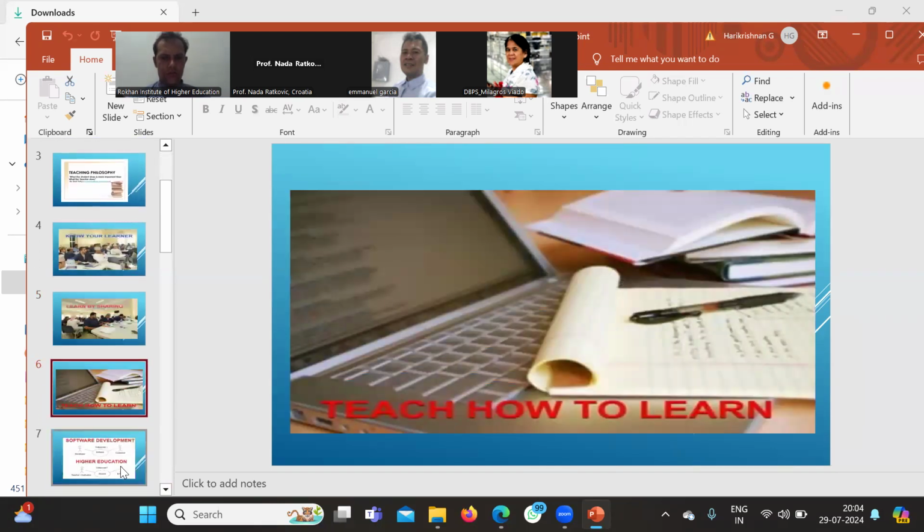The next one is teach how to learn. Many students, including myself, when I was a student, and now also I'm a student, I'm learning many things. Till death, we are all students. In some situations we ourselves have to design a learning methodology. So a teacher must be able to implement new learning methodologies and motivate the students to develop their own learning skills.